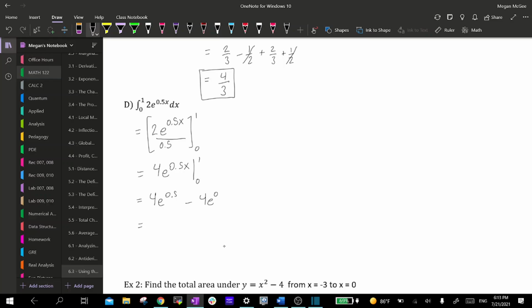So anything to the 0 is 1, so we just get minus 4. And then plugging 4 times e to the 1/2 in the calculator gives us 2.59 as our final answer.